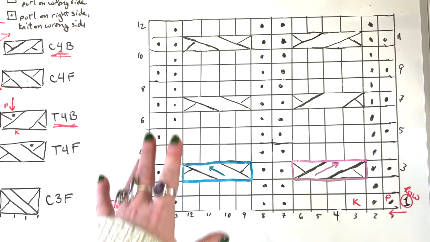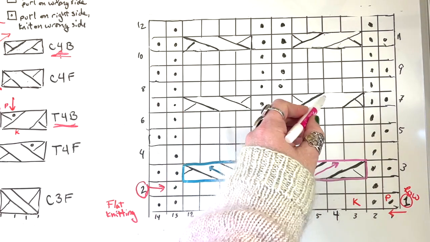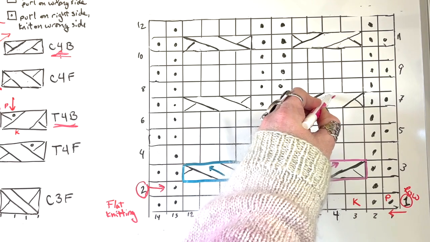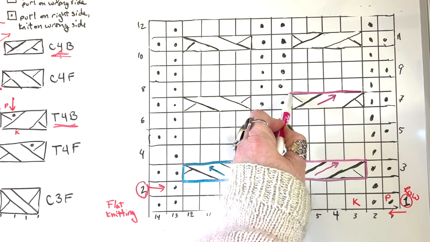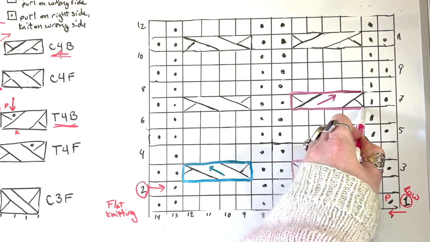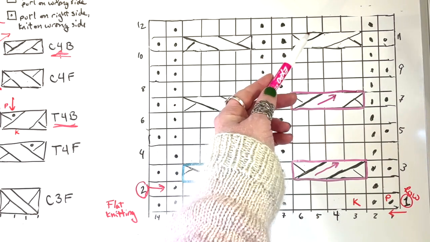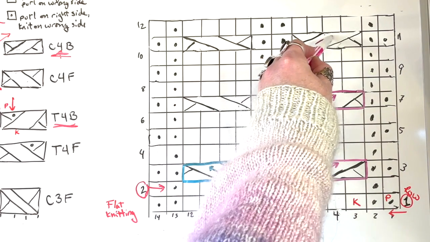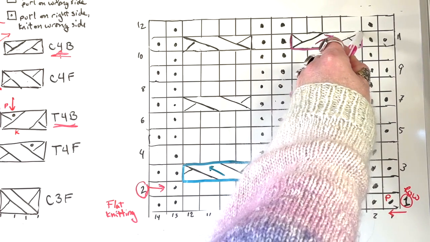Now, if I look at the rest of this chart, I can say, okay, I see a big piece that leans to the right, so it needs a box in pink. And I can go across, or I could go up, and I could say that's another one where it leans up and to the right, so I'm going to box it in pink.